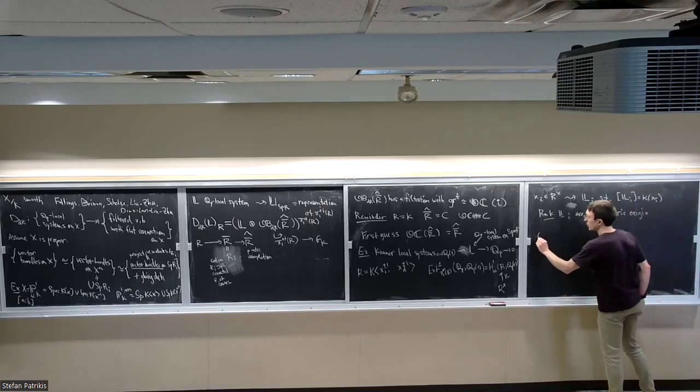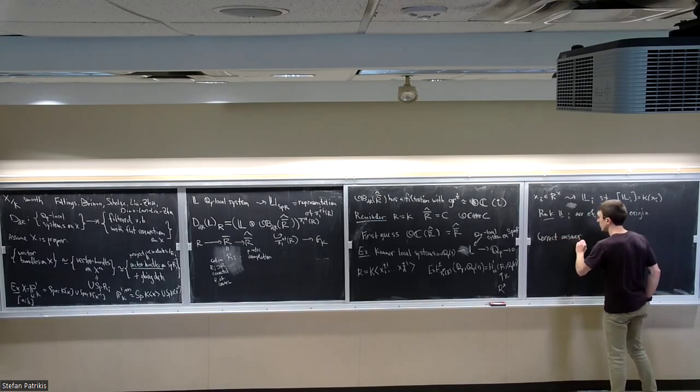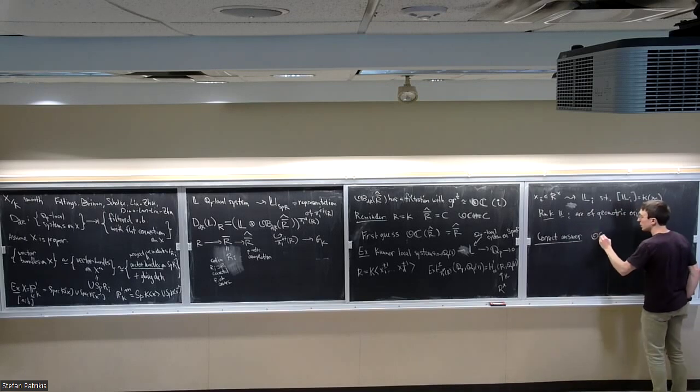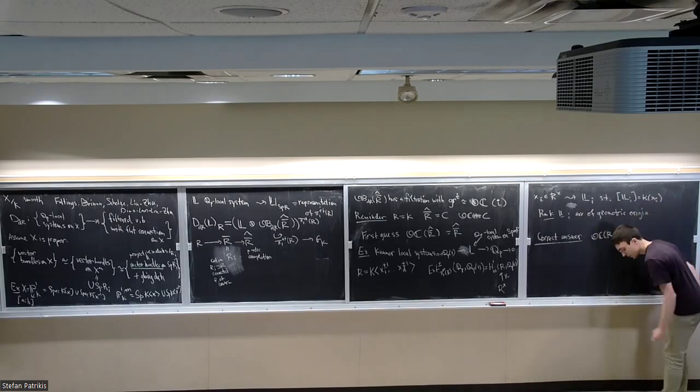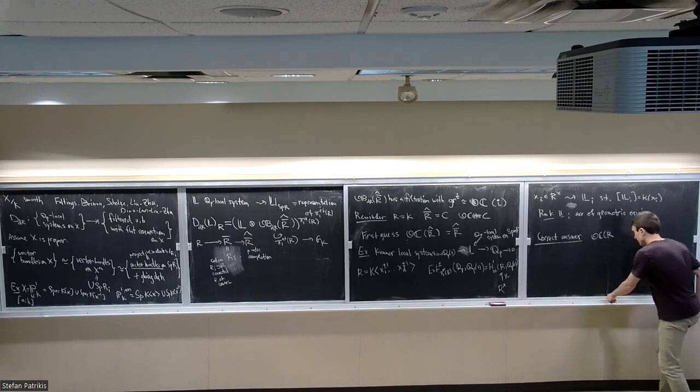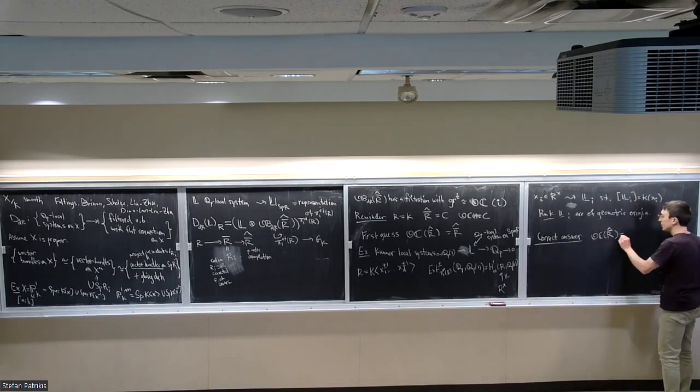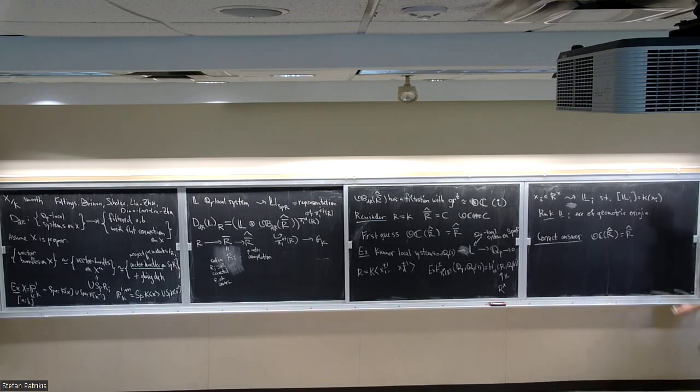So the correct answer is that OC is this: I should take this first guess, which was correct in the case of a point. And then I should just adjoin, in a non-completed way, several elements, and I'll define the action of my fundamental group on them in the following way.